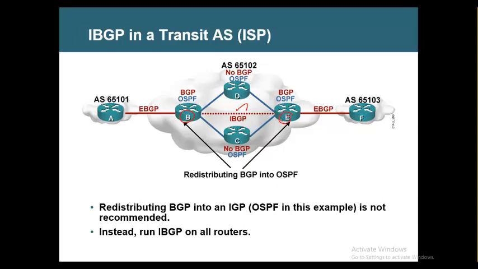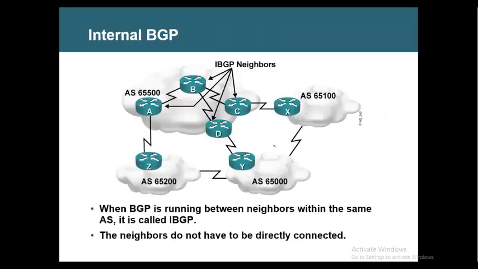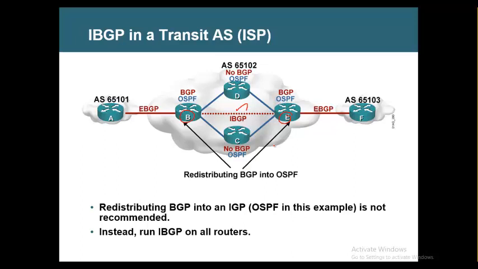When B and E can form IBGP, why do we need to run BGP on D and C? Remember, we learned earlier, IBGP need not be directly connected. We saw here, see the second last line: the neighbors do not have to be directly connected. Yes, it's true. B and E can form a neighbor directly. Then you may think that there is no need for BGP on D and C.